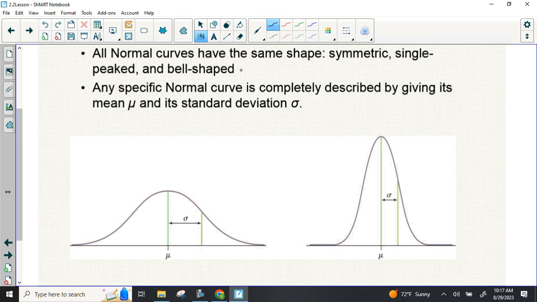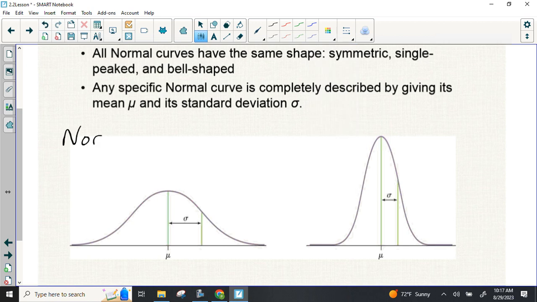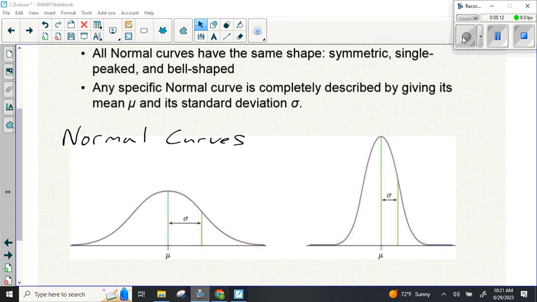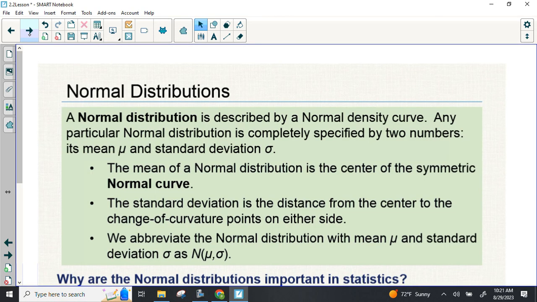These are normal curves. So much going on here.